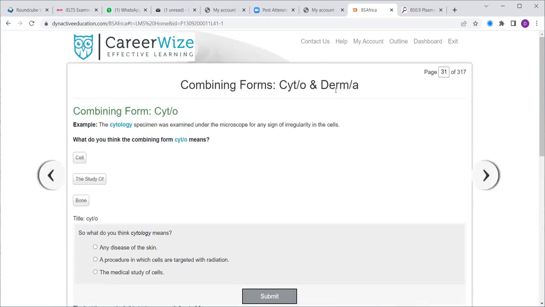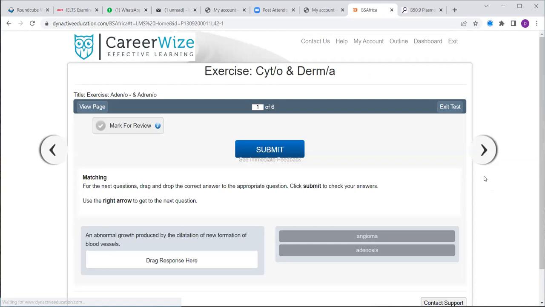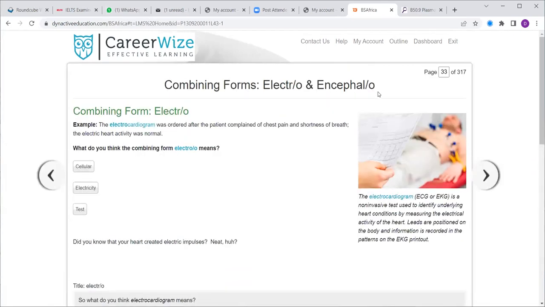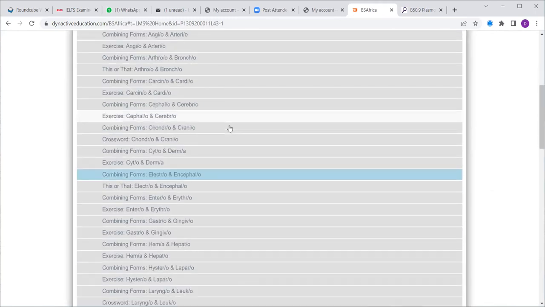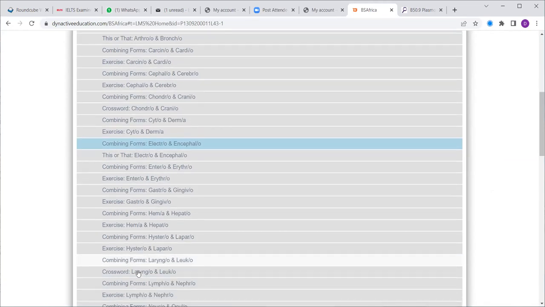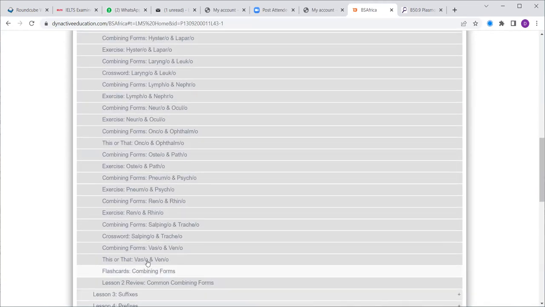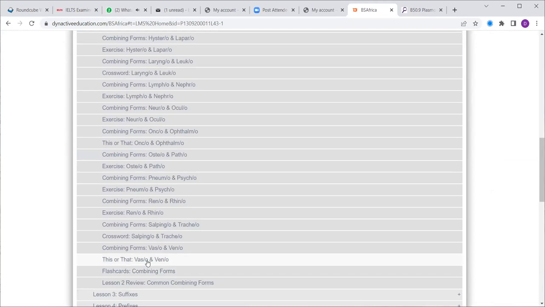Then cyto, derma. So from D, you go to E, electroencephalo. So you go to the course outline, you see how they have all been arranged. From E, you go to H, L, all the way to V. So by the time you're done, you become a doctor in your head.